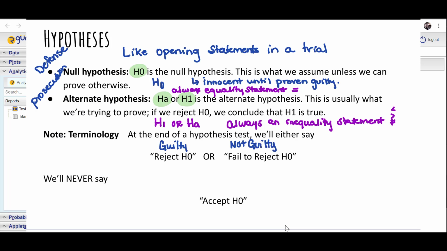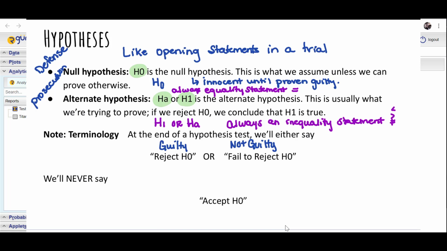Now, the equivalent of guilty is saying that we reject the null. If you recall, the null is what we're assuming is true until we prove otherwise. And so we're saying that that first statement is truth.